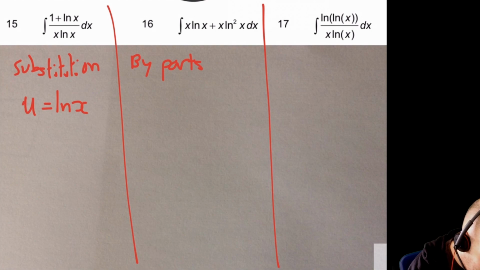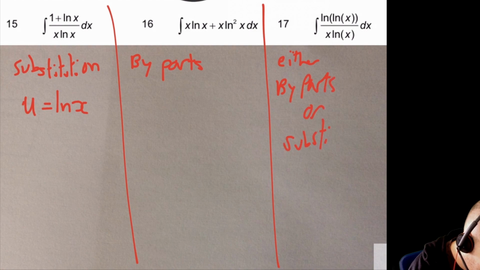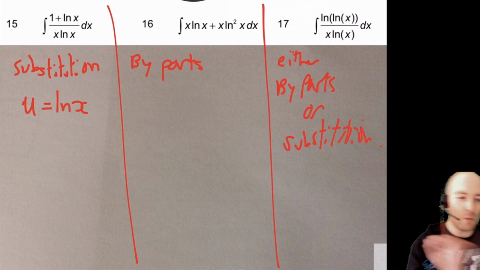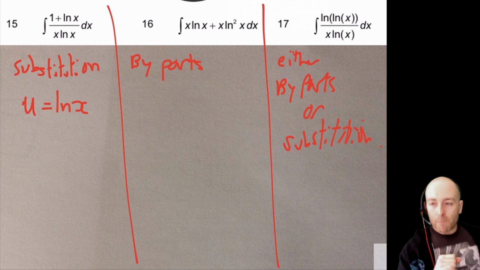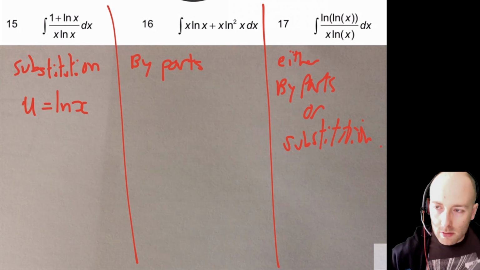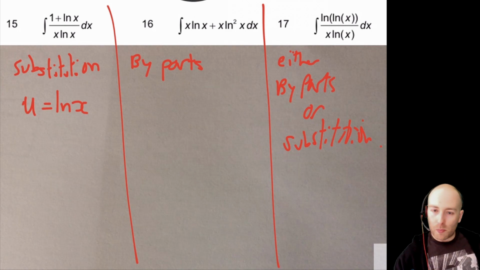And in this one we can either use, or substitution. There's two ways of doing it. You just got to be careful with each of these. They are pretty horrible. To be honest, they are all quite horrible, but they're all doable.